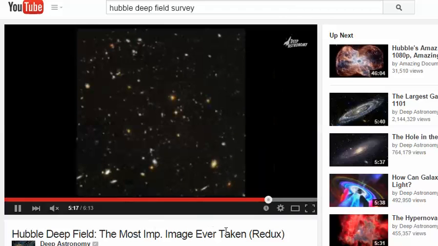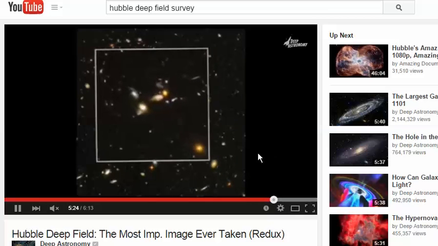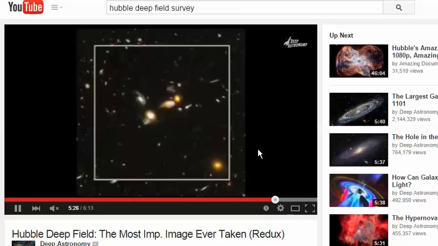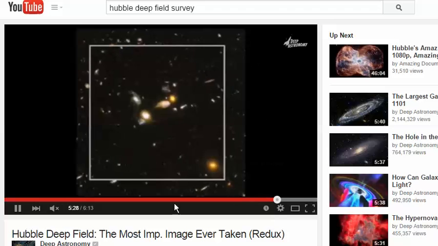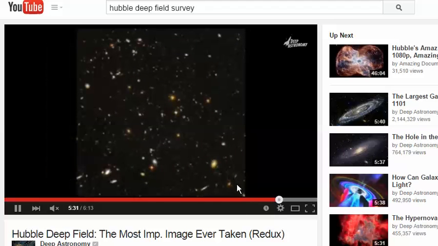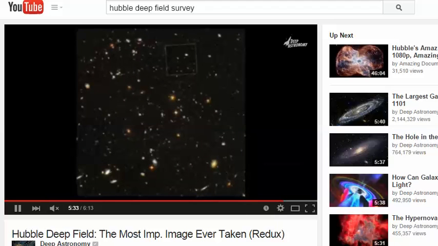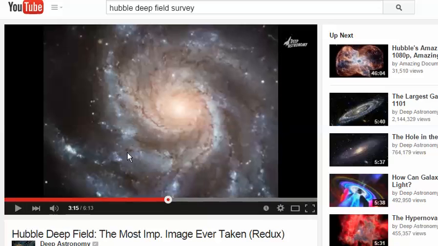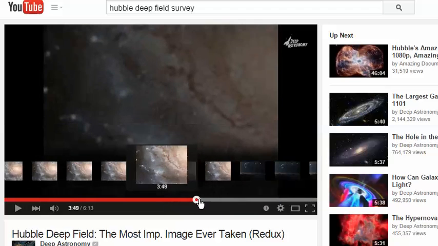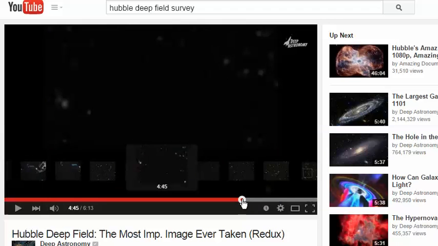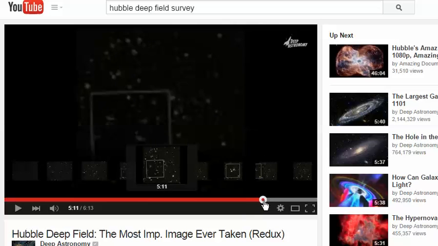One of these is a 2.5 by 2.5 arcminute resolution, but they're going to keep going in. Or maybe this is just zooming into different parts of that 2.5 by 2.5. Anyway, okay, I get it now. This image was taken near Ursa Major, near the Big Dipper, but then it was later that they did this image, which was the actual Hubble Deep Field Survey.